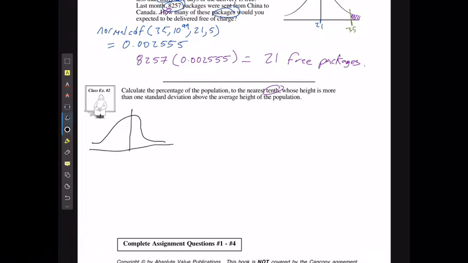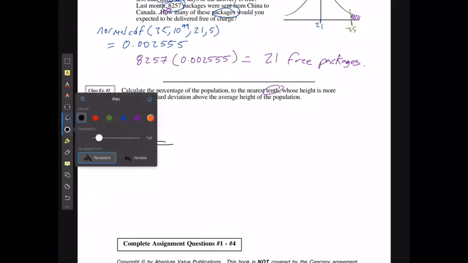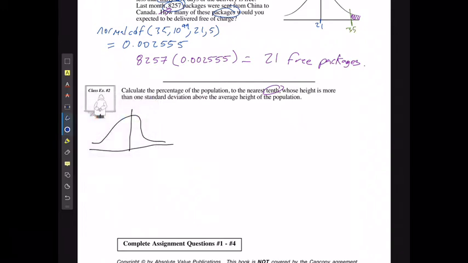I'm going to state that I have my mu is going to be here. If you're better at drawing a bell than me, good for you. I'm going to say that the middle, or mu, would be 0 standard deviations, and it wants more than 1 standard deviation above.